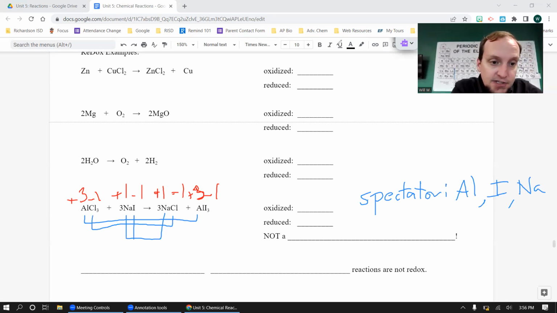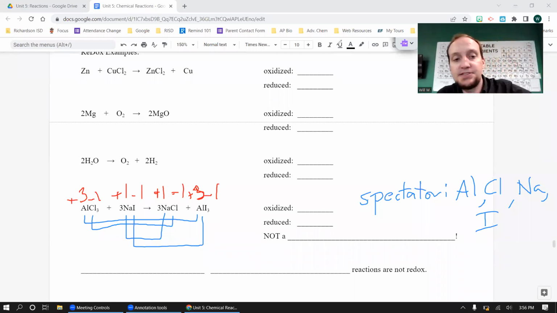Finally, we have iodine. Surely it's going to be doing something, right? Well, iodine's going from a -1 to a -1. Okay, well, that's weird. Sorry, this was supposed to be chlorine. I apologize, guys. Probably confused by that. This is chlorine. So aluminum, chlorine, sodium, and iodine all are spectators.